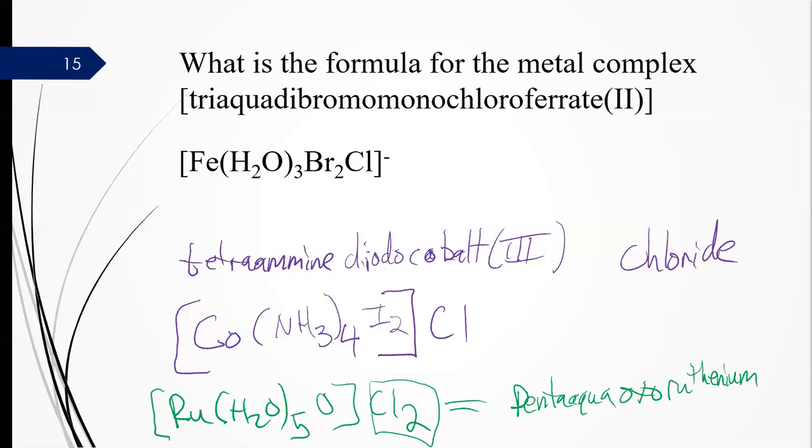If we're balancing it with 2 chlorides, then this needs to be a 2+. And oxygen is another -2. So we have a ruthenium that's trying to balance out -2 from the chlorides and -2 from the oxygen. So our ruthenium needs to be a +4.